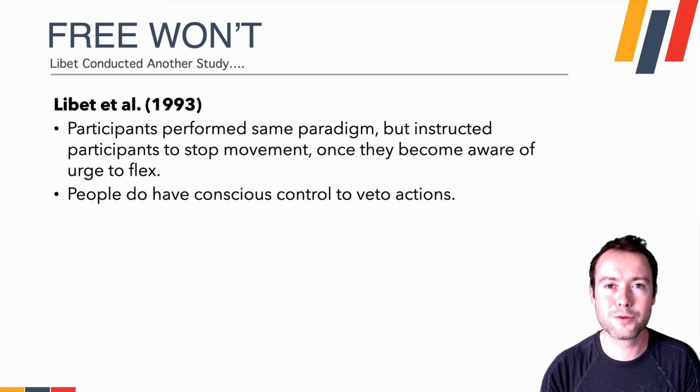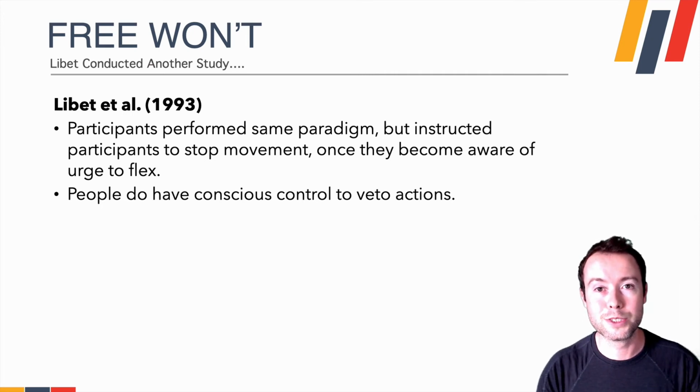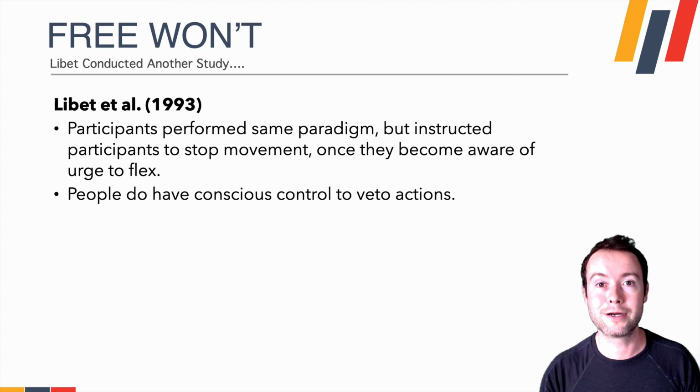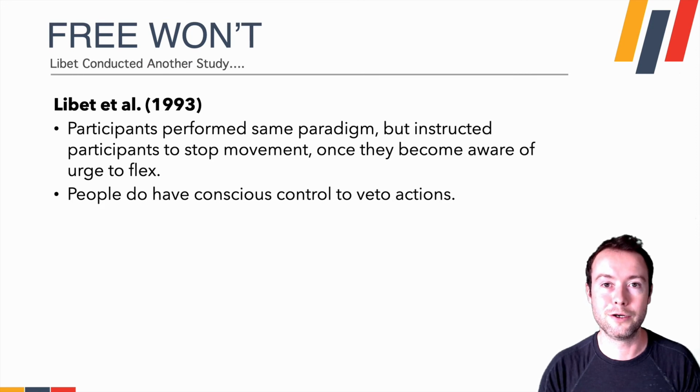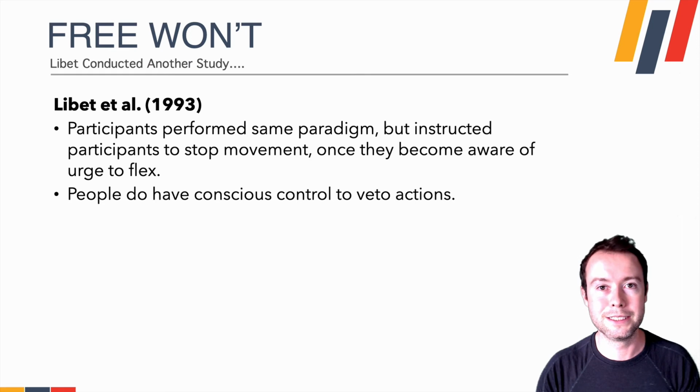What was really interesting in those studies is that if you look at the neural responses, you would see this rise of the readiness potential. And as people realized that they were experiencing this urge, they were able to veto and stop the initiation of their action, and this readiness potential would correspondingly decrease.